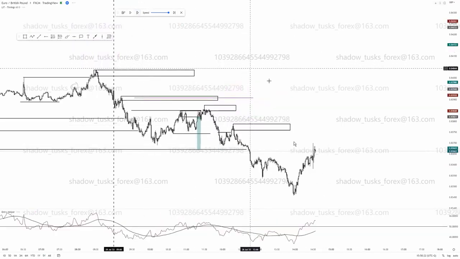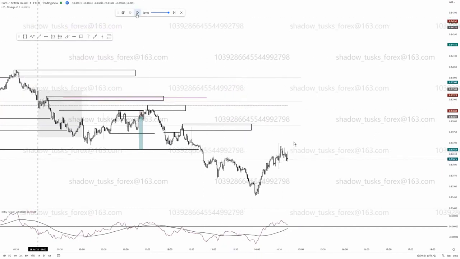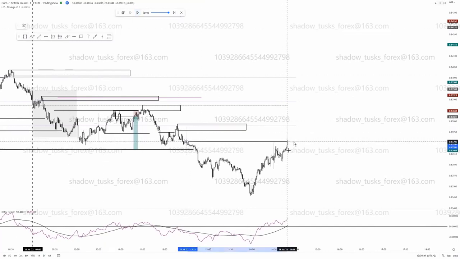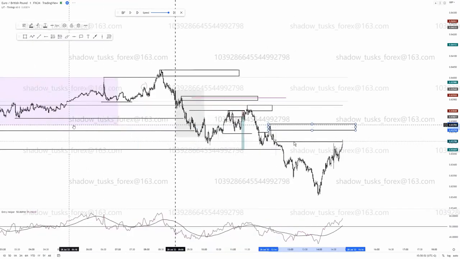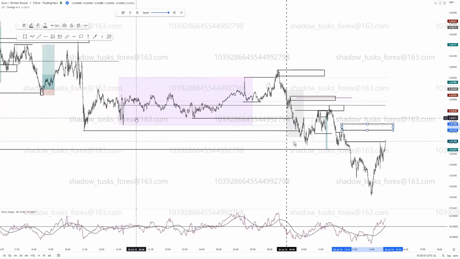Okay, so let's jump down. Let's see. So we're getting a decent build up below this point. It's going to be an EDM. Be careful, it doesn't lie on Asia low. Asia low is here.